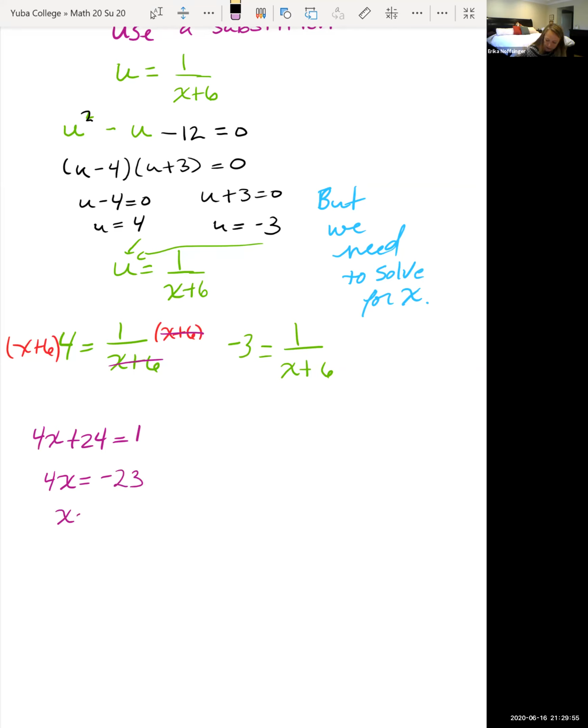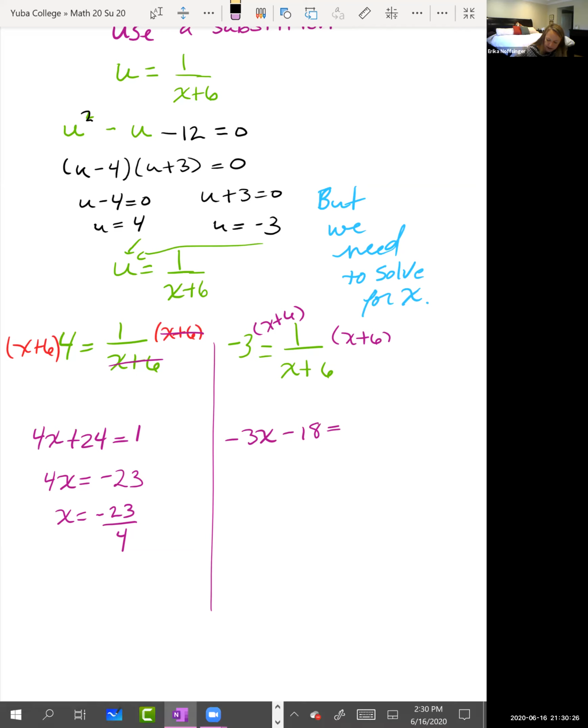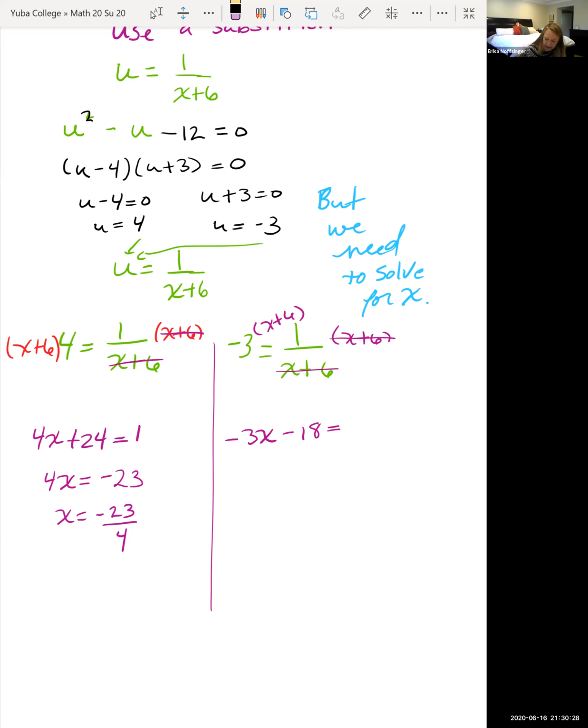So same idea with this other equation. We're going to multiply both sides of our equation by x plus 6 to clear our fraction. Distribute the negative 3. So negative 3 times x is negative 3x. Negative 3 times 6 is minus 18 equals, x plus 6 cancel, 1. So add 18 on both sides.